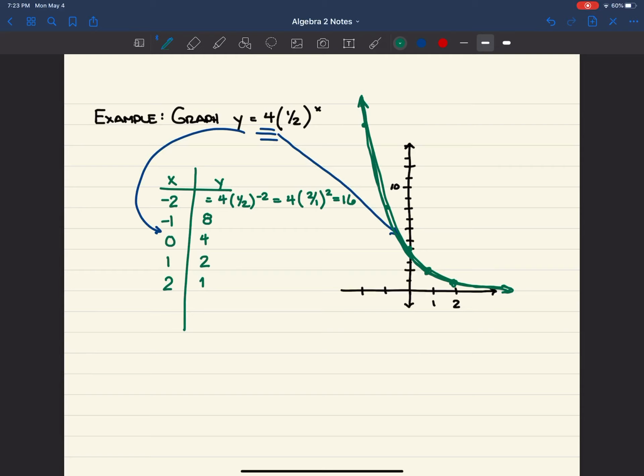Here we had a y value of 8, here a y value of 4, here a y value of 2, and so on. That y value is really telling you how it's decreasing, as we're decreasing by a multiple of 1/2 every single time. So, a quick intro into exponential functions.